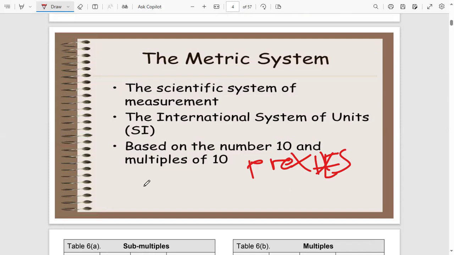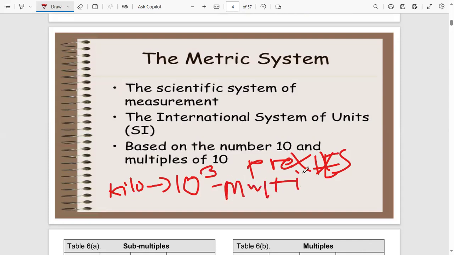For example, kilo is a prefix, and the value associated with kilo is 10 to the power 3. Because this is 10 to the power of a positive number, this is a multiple.